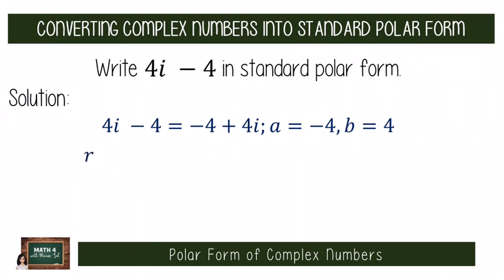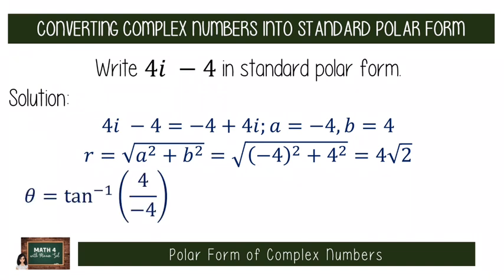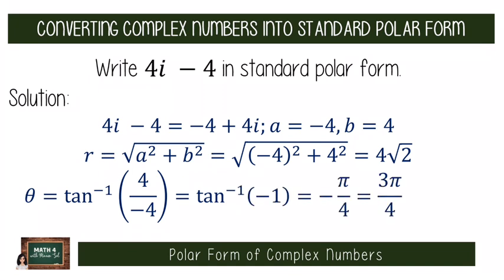Solving for the modulus r, we have the square root of the quantity a squared plus b squared, or that is the square root of the quantity -4 raised to 2 plus 4 squared, or when simplified, that is 4 square root of 2. Meanwhile, solving for the argument theta, we have tangent inverse of 4 divided by -4, or tangent inverse of -1. That will give us -pi over 4.